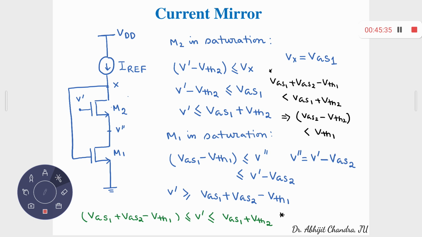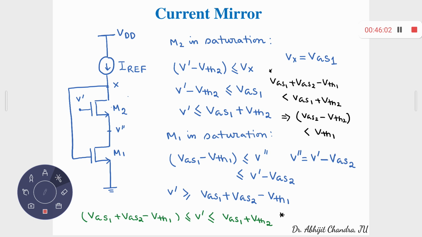This gate to source voltage minus threshold 1 should be less than or equal to the drain to source voltage. Let it be V double dash. What is the relation between V dash and V double dash? V dash minus Vgs2 is equal to V double dash.